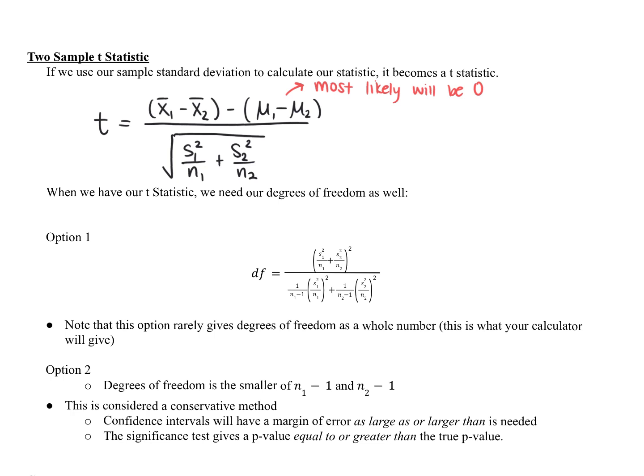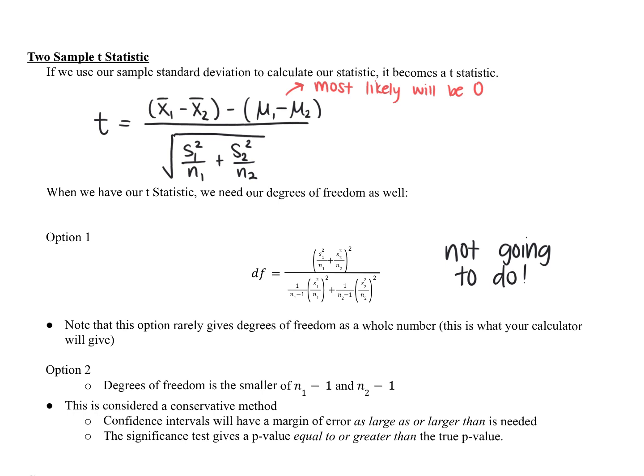And that's because we now have 2 sample sizes instead of 1. So option 1 is to use the actual formula, which we are not going to do. For a couple reasons. One, it's a very time-consuming and complicated formula. And also, you very rarely, if ever, will get a degrees of freedom as a whole number.